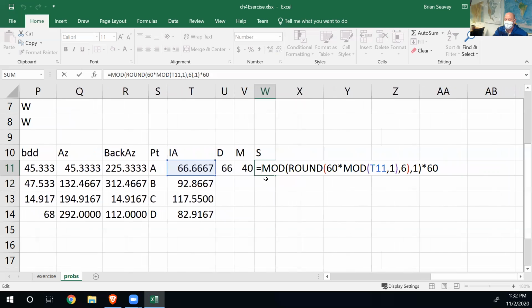So you don't take the mod from the interior angle, you take it of the minutes. Here it is: I take the modulus of the original interior angle, T, divided by 1, and multiply it by 60. Then I round it to 6 decimal places.